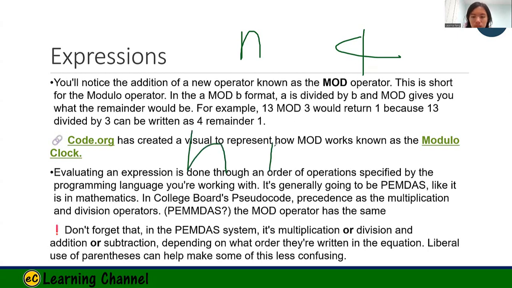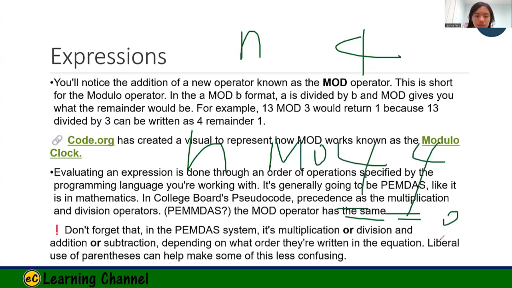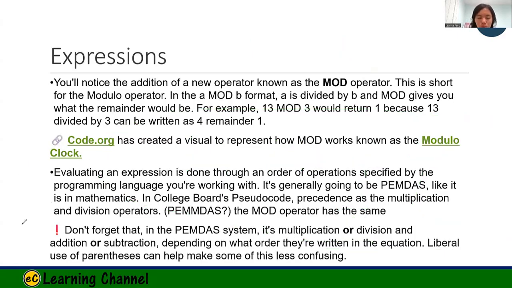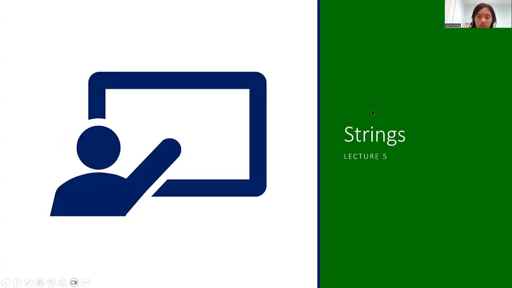It's n mod 4 equals 0. You need to remember that, otherwise, whenever I ask you, you are not able to answer. That's not good.